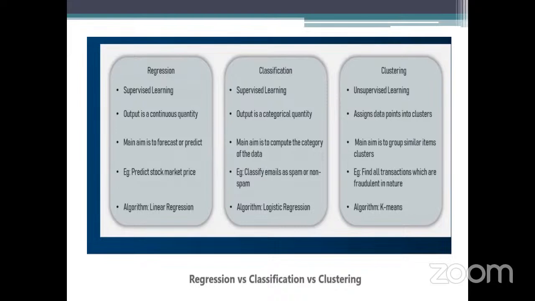Every problem that is approached in machine learning can be put into these three categories. The first type is known as regression.